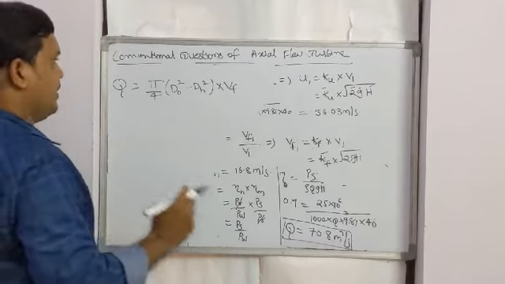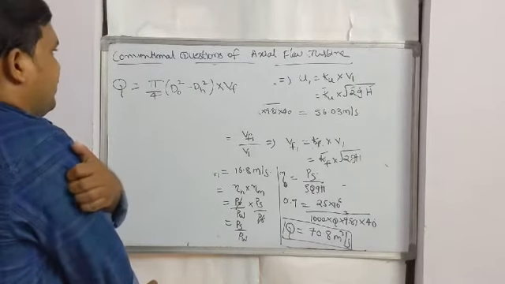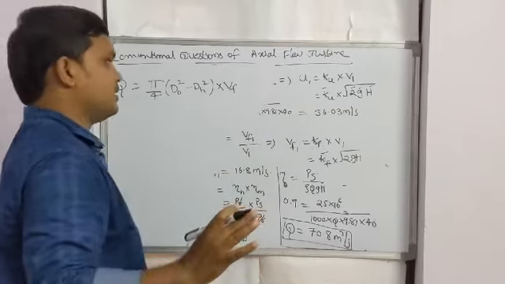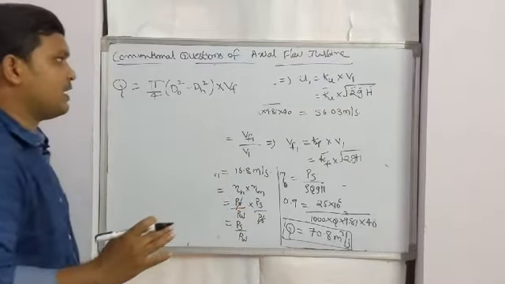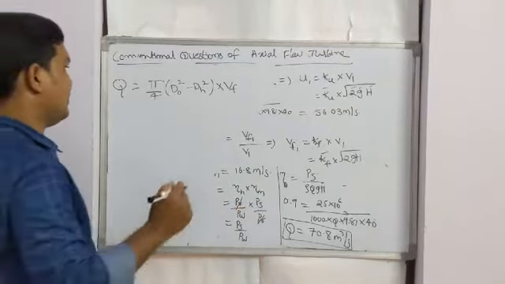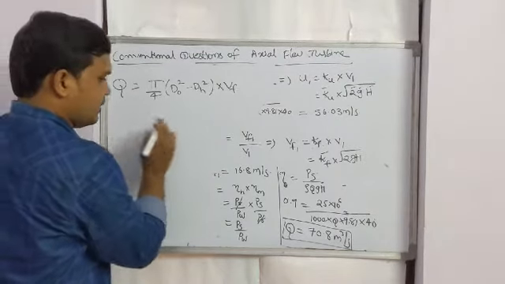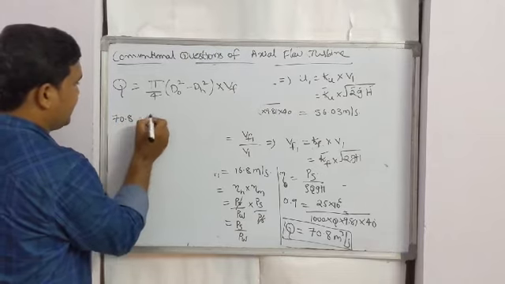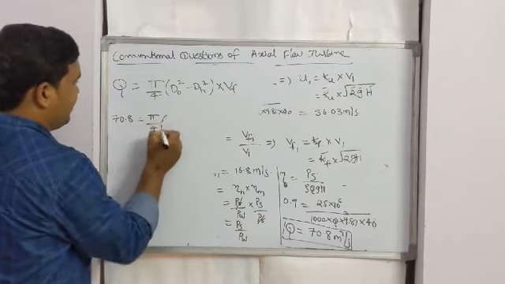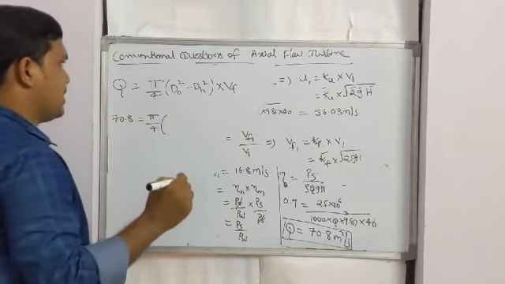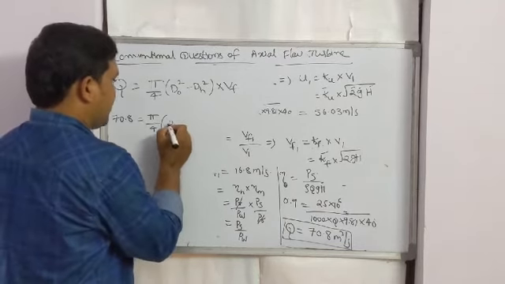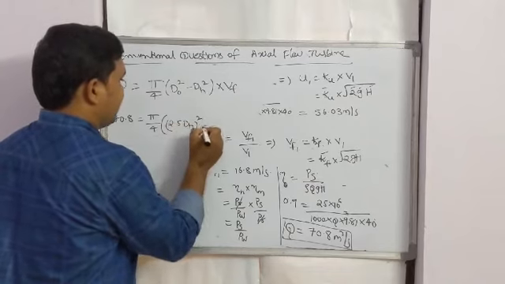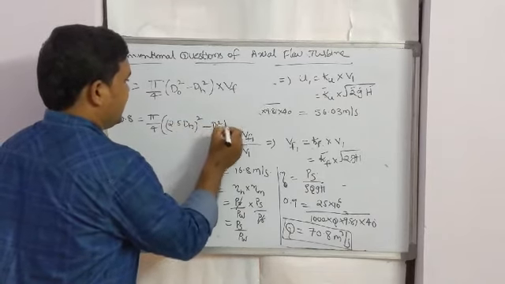Vf1 or Vf2 will be the same, because in an axial flow turbine the flow velocity at inlet and exit should be the same. Therefore Q is 70.8, equal to pi by 4 into D square. They have given the relation that outer diameter is 2.5 times the hub diameter, so D square minus Dh square, into velocity of flow.